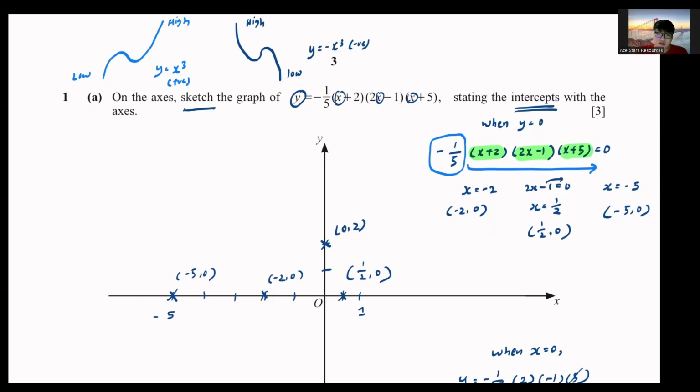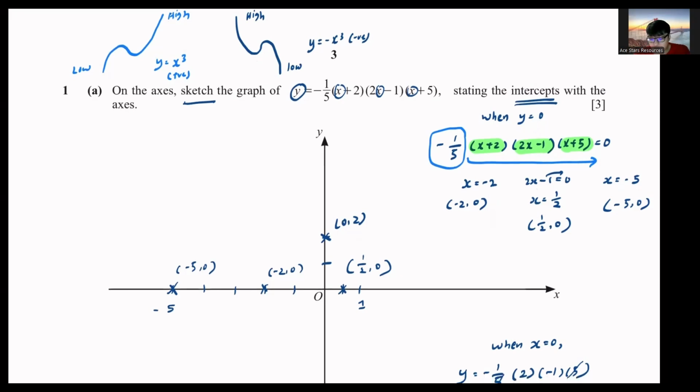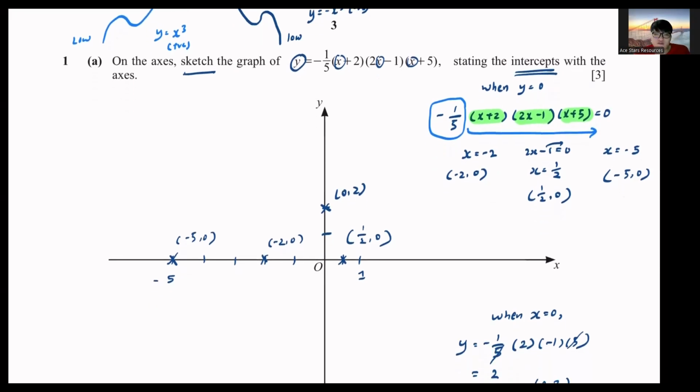In this diagram, the maximum or minimum points don't matter. So you don't really need to use dy/dx, the derivative, to find the maximum or minimum points, because you just have 3 marks here, so you don't have to work extra. Just ignore that. Just sketch out the pattern. Remember, the maximum or minimum point doesn't matter.